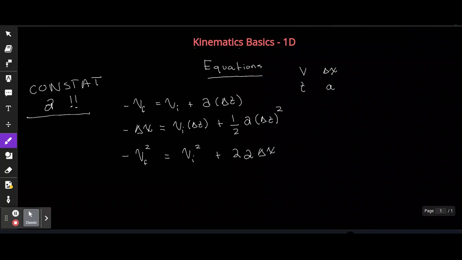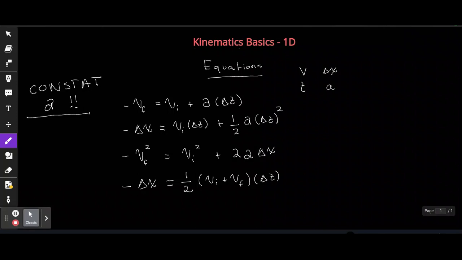And lastly, our final kinematic equation is our displacement, our change in position, is equal to 1/2 times initial velocity plus final velocity, times our elapsed time.